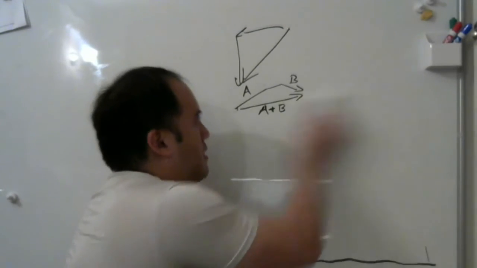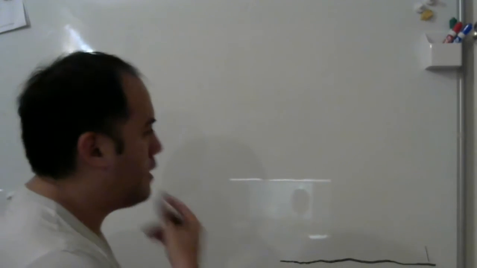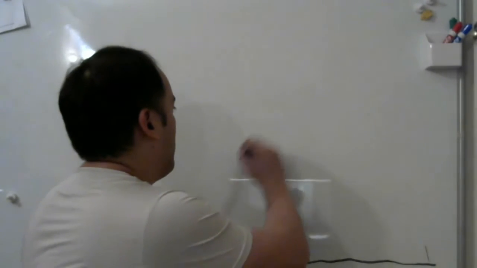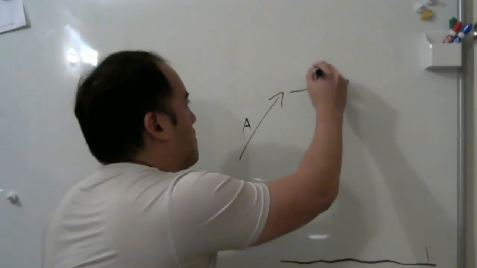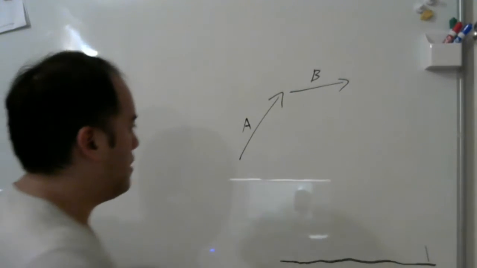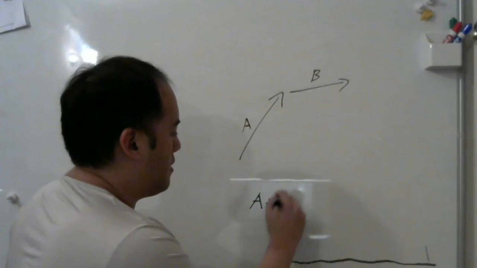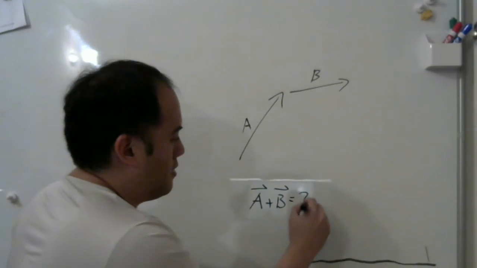So if you did want to add vectors numerically, it would be kind of tough. How do I draw this? Let's say I have vector A, here's vector B, and I want to figure out what's A plus B. Technically with vectors, you have to draw a little hat on the vectors.